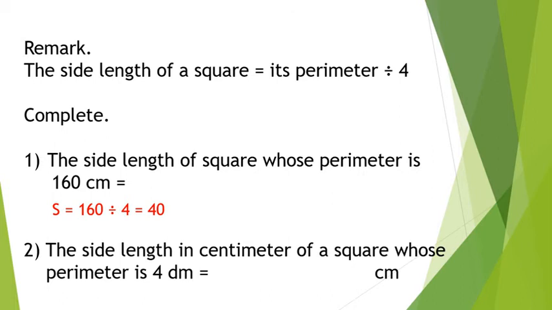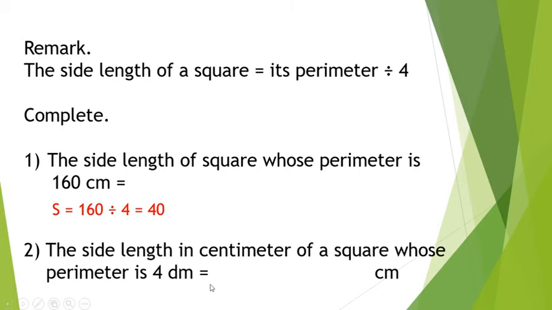Number 2, the side length in centimeter of square whose perimeter is 4 decimeters. To find the side length, divide perimeter by 4. But the perimeter here is in decimeter. I will convert decimeter into centimeter.